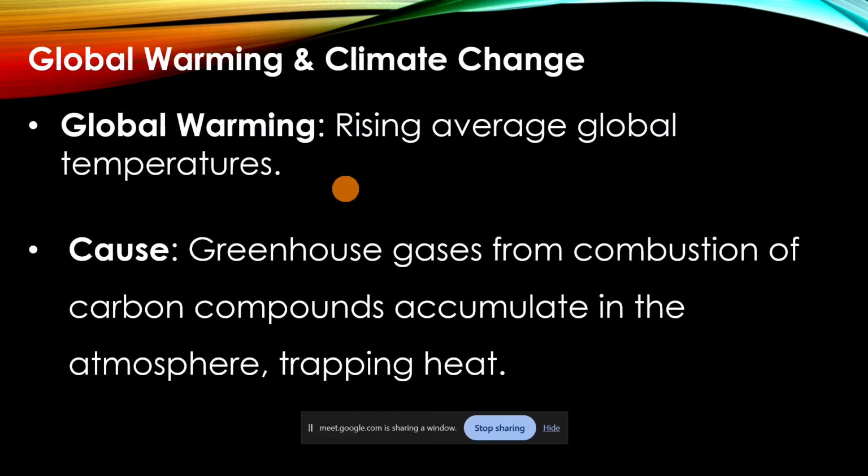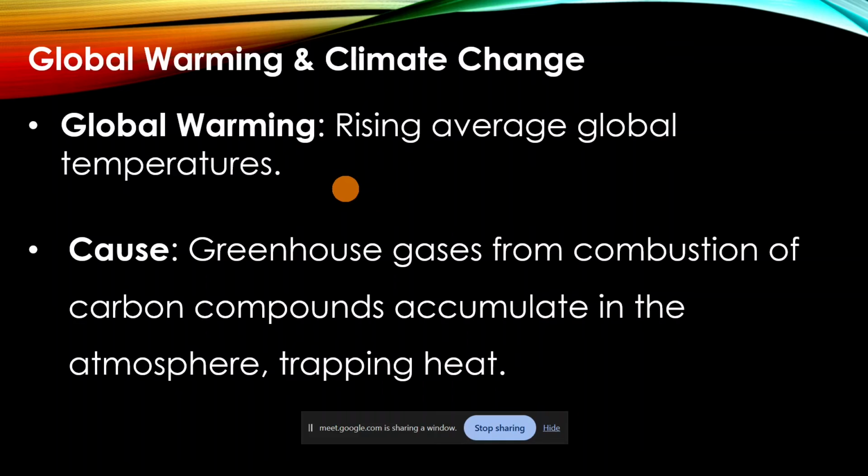Temperatures begin increasing year in, year out. You find that maybe this year the highest temperature in October was, let's say, 20 degrees Celsius. Next year maybe 20.1, the other year 20.2, the other year 20.3, then we can say there is global warming.